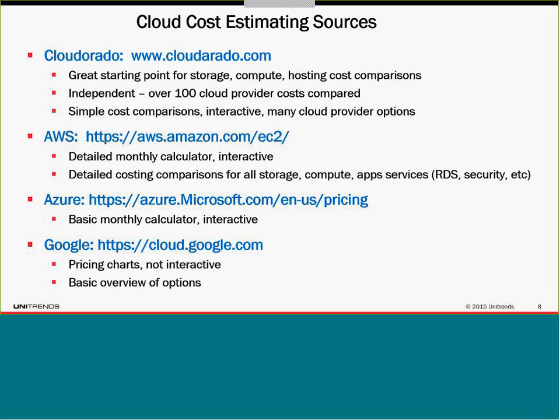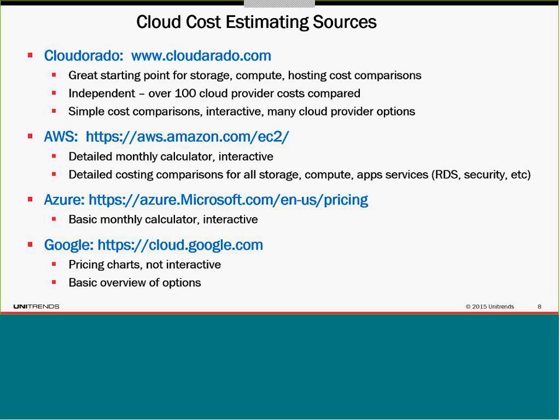For AWS, again with the URL posted here, there's a very detailed monthly calculator. It's interactive. It allows you to choose many different dimensions, even add applications such as the RDS application that AWS has for database. So you can get a detailed monthly calculation, and it's highly interactive, so you can make changes as necessary and see the differences in cost.